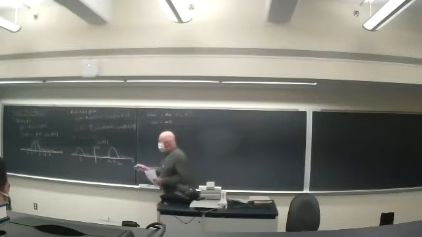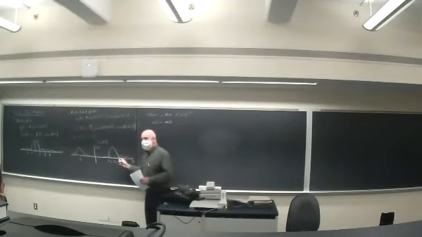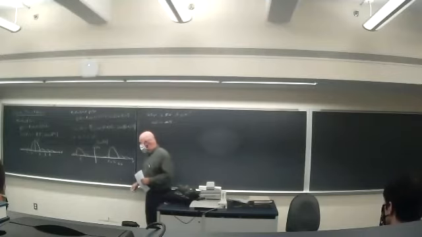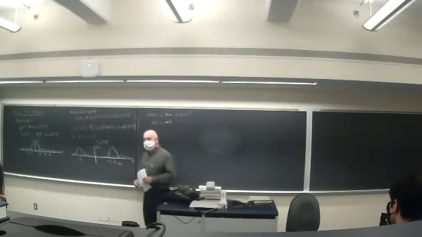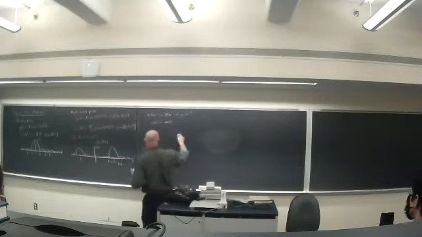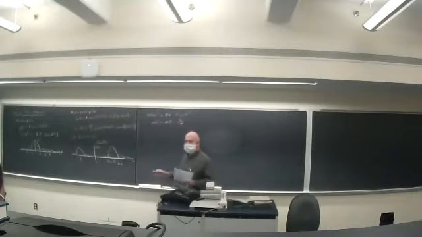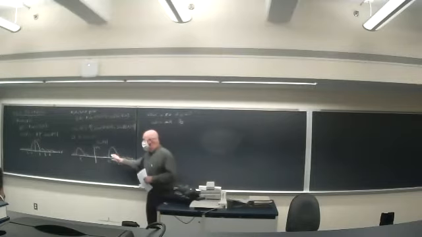So what would be this width? fc plus 1 over T minus fc minus 1 over T, 2 over T, right? 2 over capital T would be the width. And that's this whole lobe. That's that whole width.